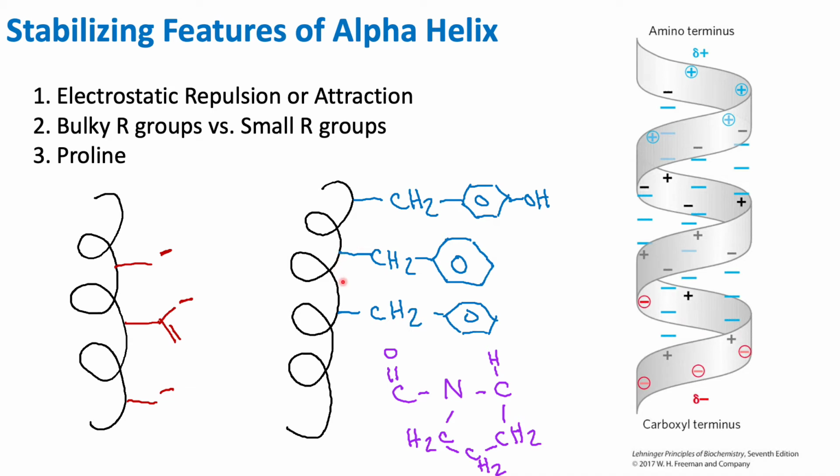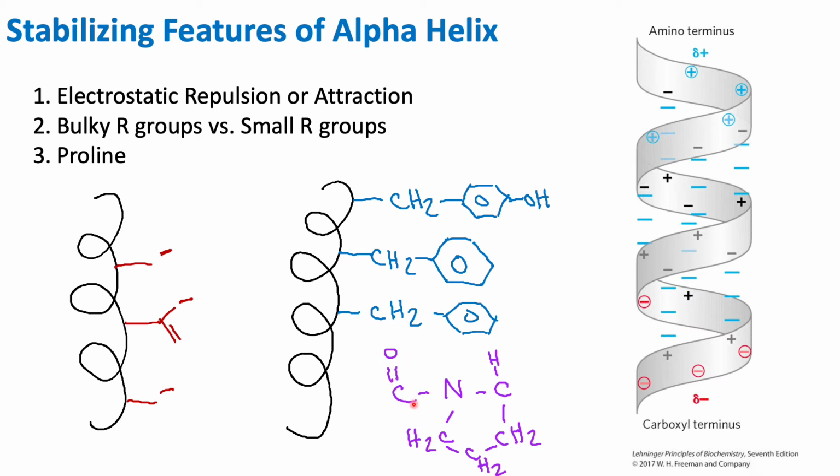Now, another factor that affects our alpha helix is proline. Remember that we talked about the hydrogen bonding of the backbone. We know the hydrogen bonding occurs between the oxygen and the nitrogen, because nitrogen has a partial positive and oxygen has a partial negative, and these electrons are delocalized.